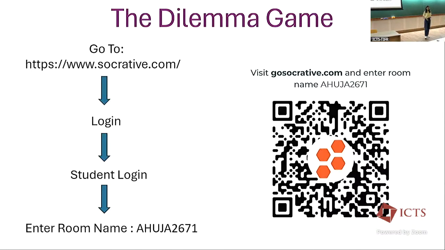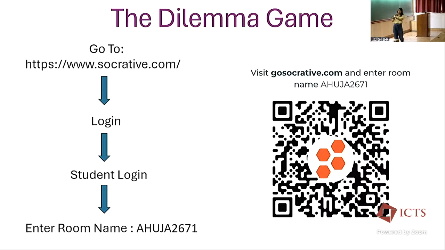Hello everyone. For this session, I would like you all to log in to Socrative. I hope you're connected to the Wi-Fi. The details are over there. You can use either a smartphone or a laptop, or you can just scan the QR code.